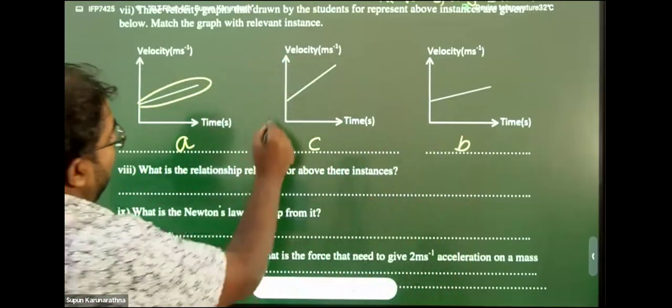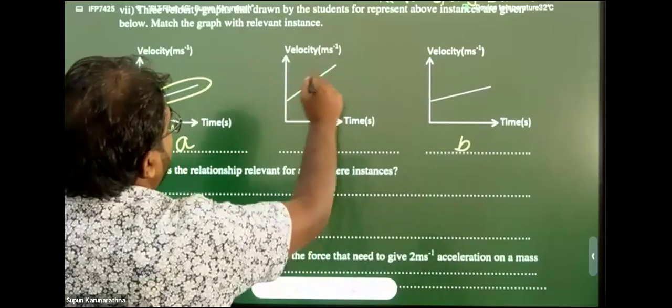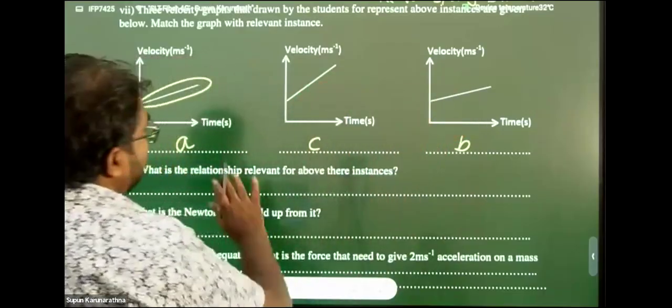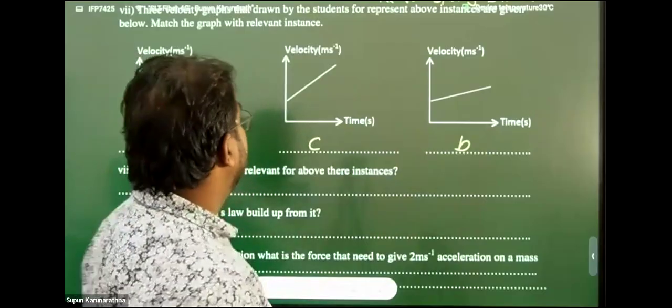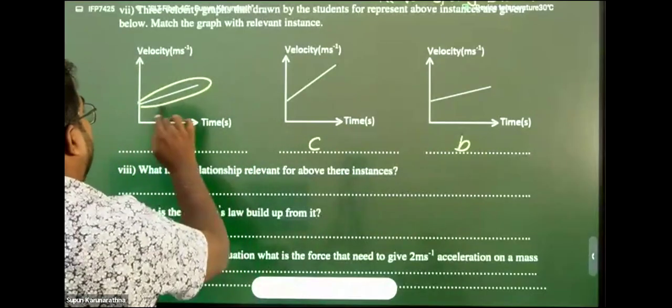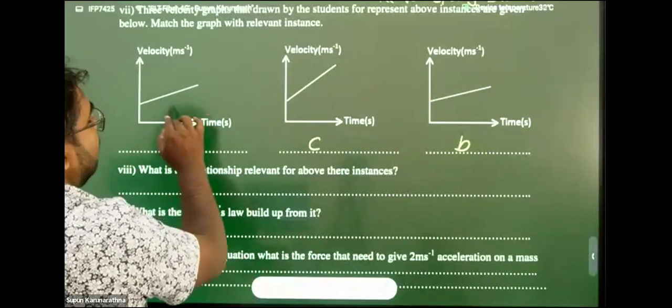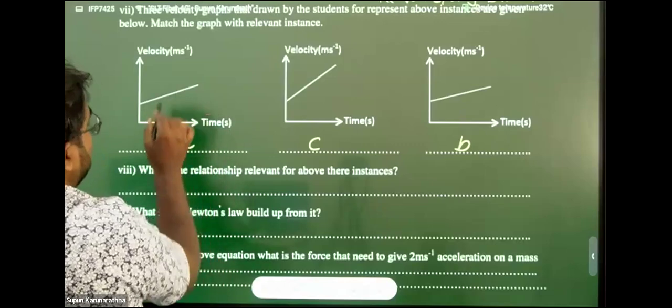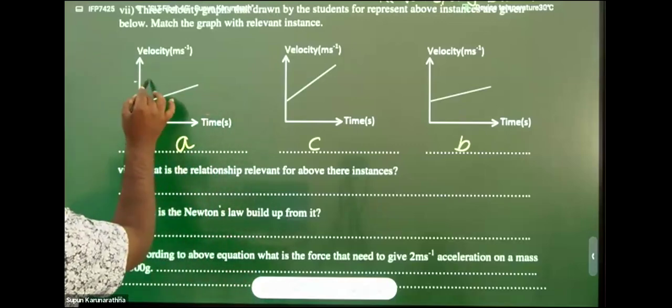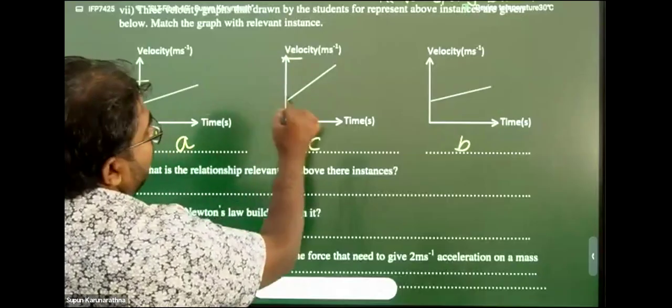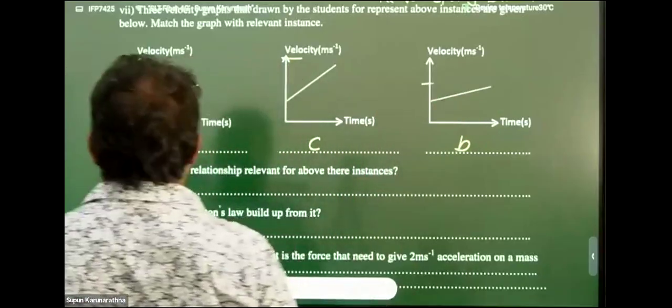Why did I select the gradient? The gradient of the graph. All three represent acceleration, but what is the different factor? Only the gradient. Here it shows the lowest acceleration.